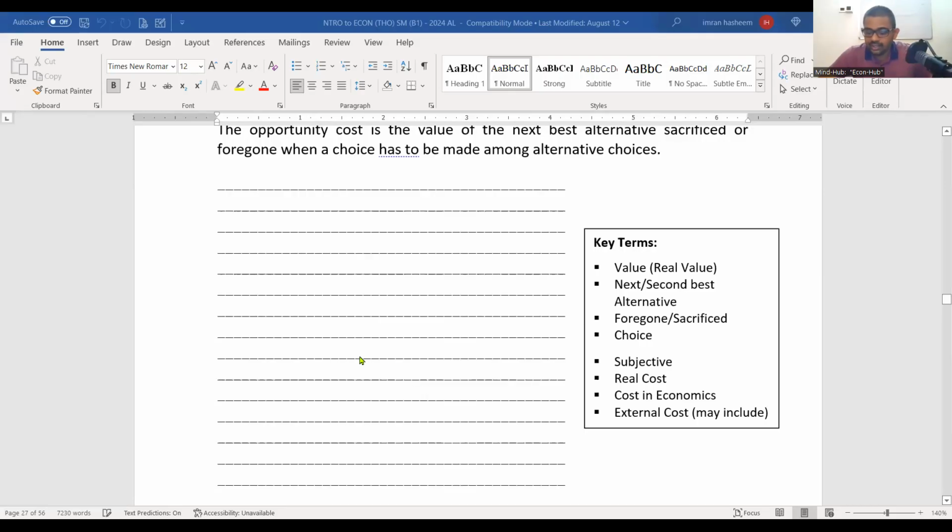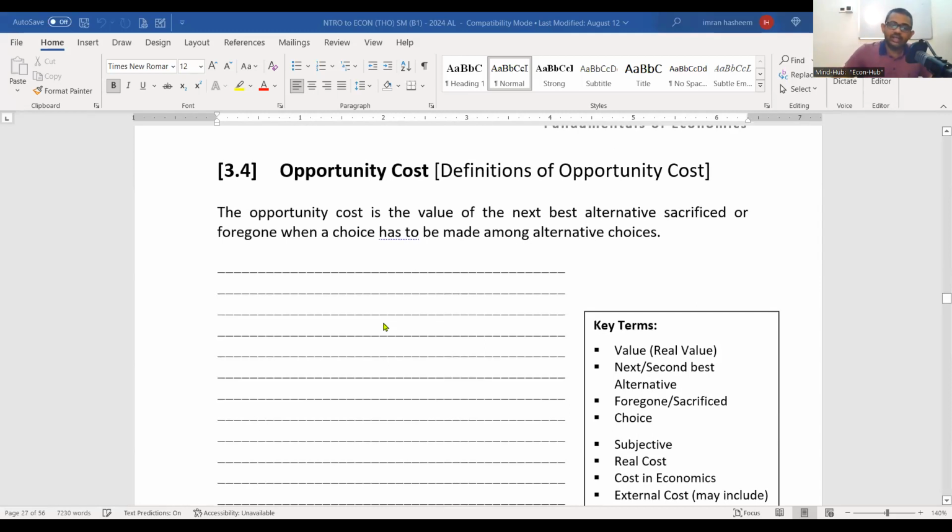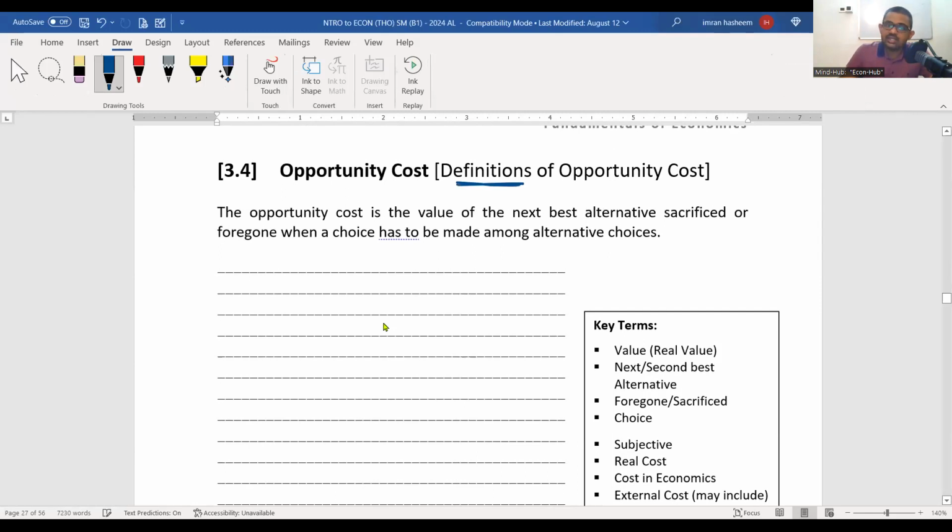I'll share the study material on the screen. We have written a note here. Our first objective, the most important thing we wanted to do first, was to provide a definition for what opportunity cost is.